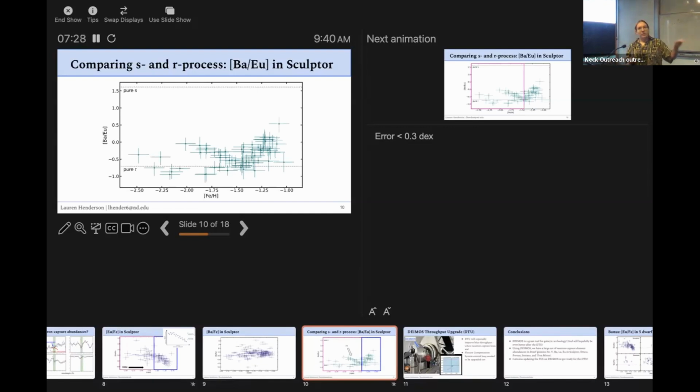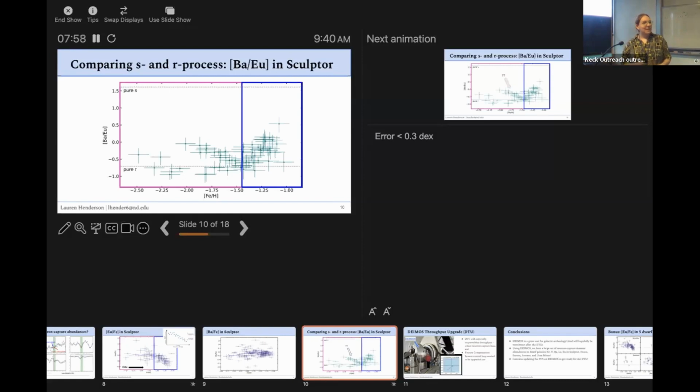Now, the horizontal lines are the barium to europium ratios we would expect if only the r-process was happening or only the s-process was happening. So we can see that at early times, all the abundances are hovering around that pure r-process line, which makes a lot of sense because there hasn't been enough time for asymptotic giant branch stars to start producing a significant amount of barium. Whereas at later times, we start to see that ratio pushing up towards the pure s-process line when we start getting lots and lots of barium production in these stars.